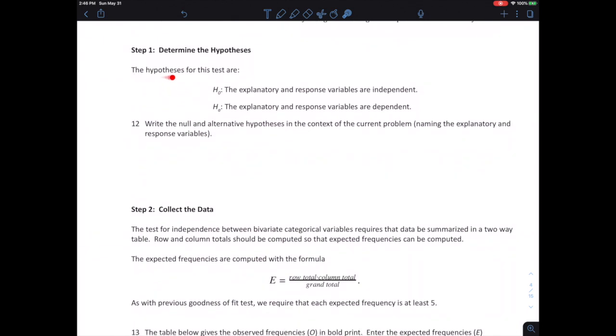The hypotheses for this test are: the null hypothesis says the explanatory and response variables are independent, and that never changes. This is just a kind of sentence we write. The alternative hypothesis says that those two variables are dependent. So in this context, our null hypothesis would just say that political views and pot smoking frequency are independent.